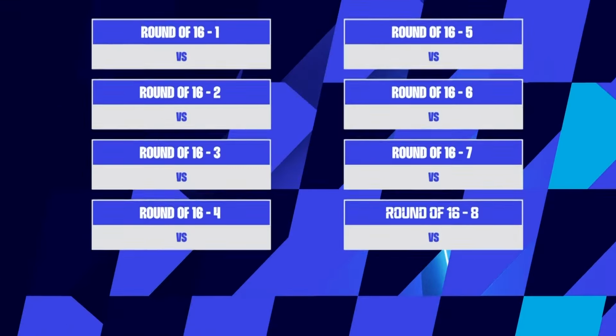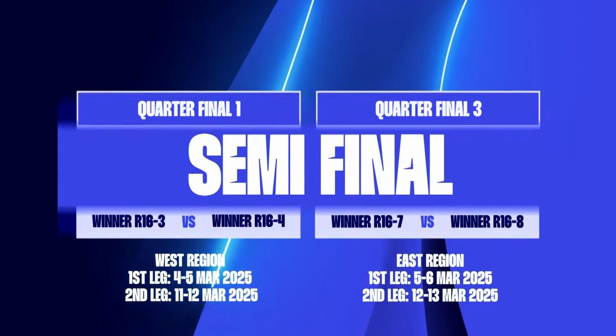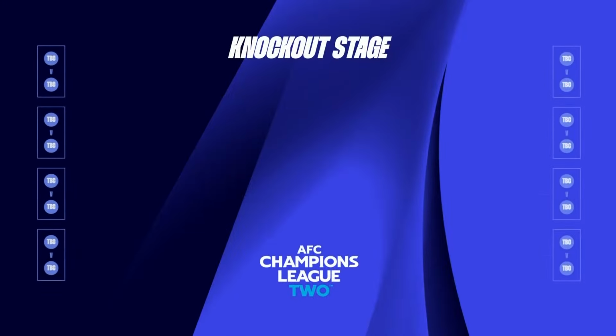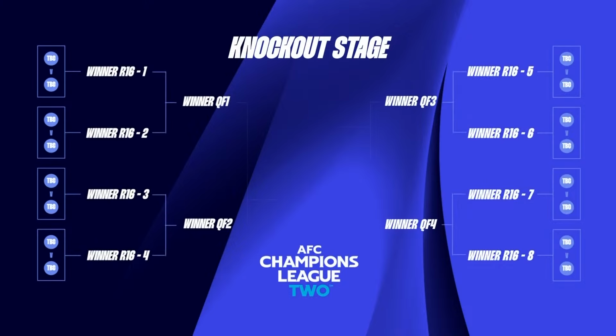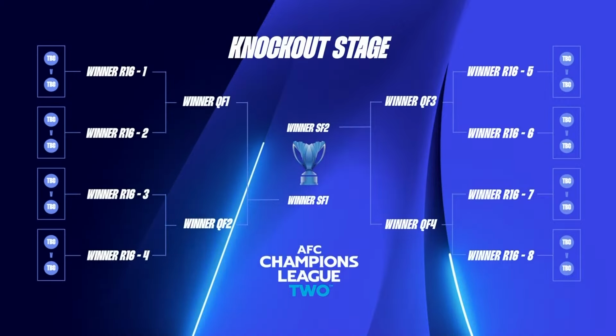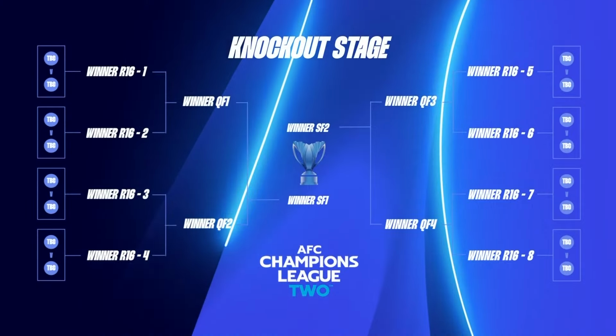The knockout stage shall consist of the round of 16, quarterfinals, semifinals, and the final as follows. All matches shall be played in accordance with the AFC competition's calendar, and the match schedule will be determined by the AFC after the draw, in accordance with the principles set by the AFC competitions committee.